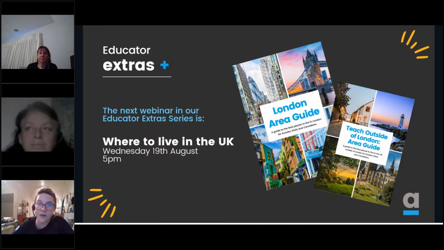In the email that I send through, there'll be a link, or it is on our website as well, if you want to register. We're going to talk through our area guides. Those of us that are going to be on that one have lived in different areas around the UK, and we'll talk about that, and give some tips on finding accommodation. That is on Wednesday the 19th at 5 p.m., and it'll be about half an hour too.